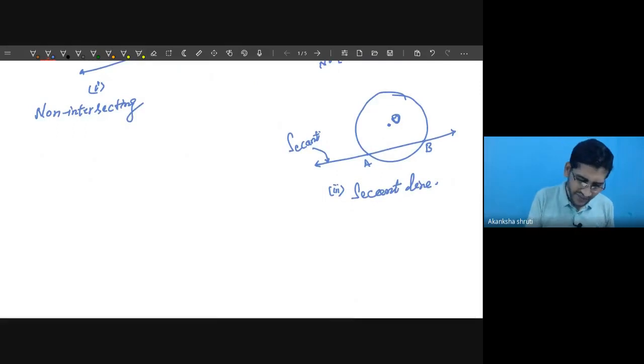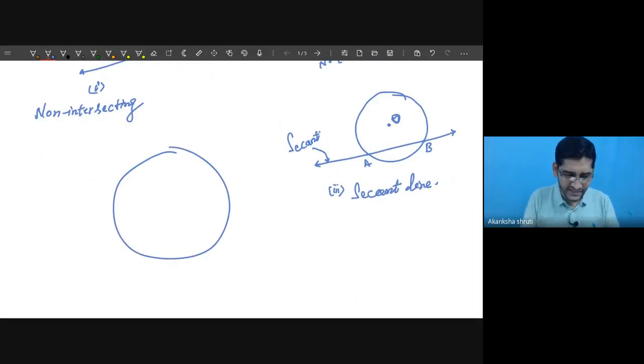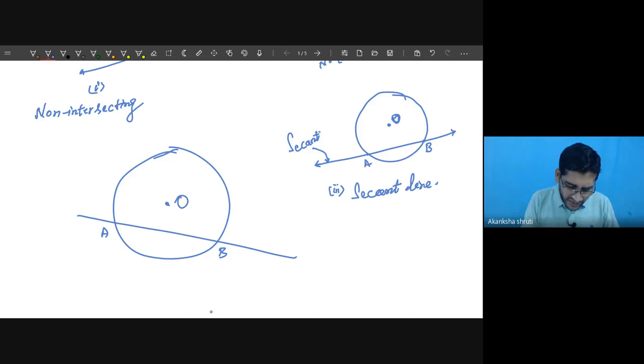See how is that? Let us consider this circle in which AB is our secant with center O. Now you just fix the point A, or keep this line as it is, but from B you start moving downward.